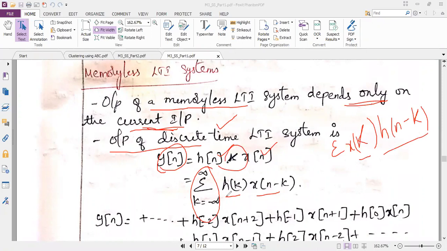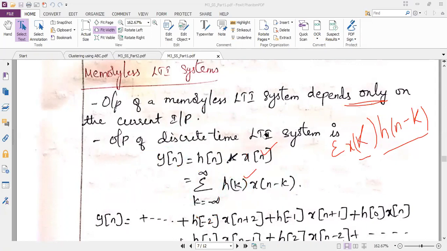But here, h of k is the main parameter in this property, so I will not disturb h of k. I will take h of n as h of k, and for x of n I will perform the shifting operation. So the formula becomes summation k equal to minus infinity to plus infinity h of k x of n minus k.